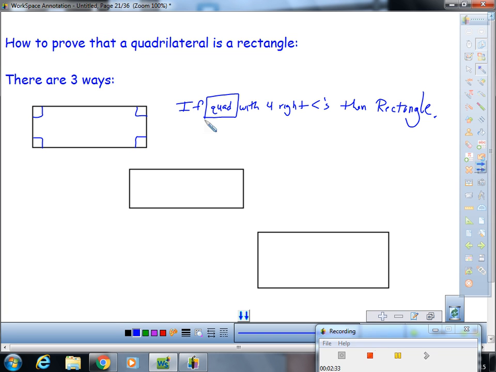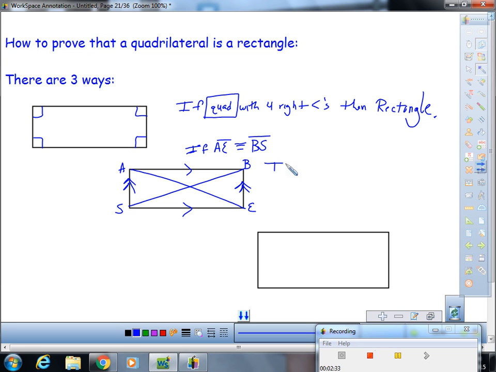That one says quad. The next 2 are going to say parallelogram, okay? So, here, if AE is congruent to BS, and you know that this thing is a parallelogram, then it's a rectangle.